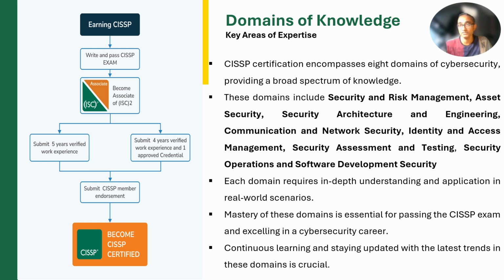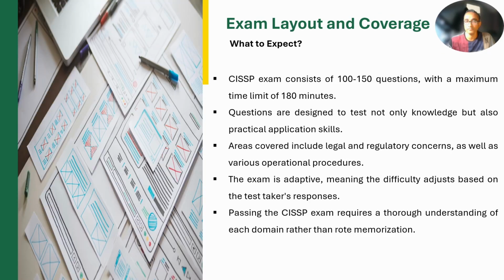Each domain has certain weightage in the overall course, but each domain is important for you to understand and therefore to pass the certification. Mastery of each domain is essential, and continuous learning is required in all these domains to remain updated with the current trends in that particular domain.